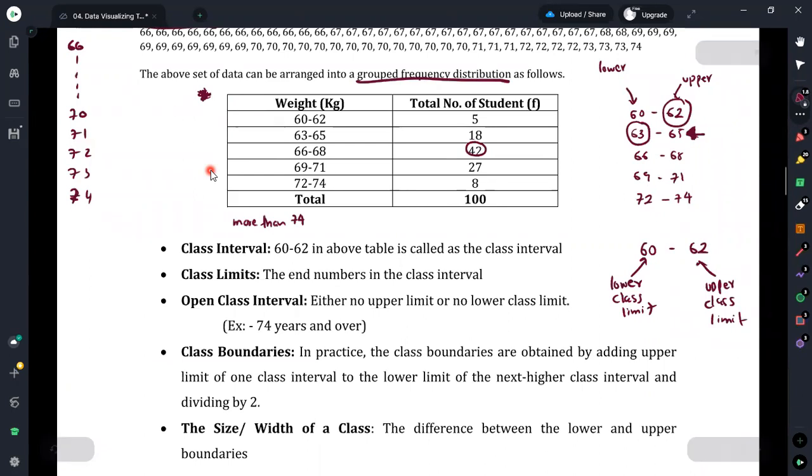Here 75 is the lower value of this class, and it can go up to infinity, or the maximum age we can have for a human being. Therefore, there is no upper class limit for a class like this. That is why we say it is an open class interval.